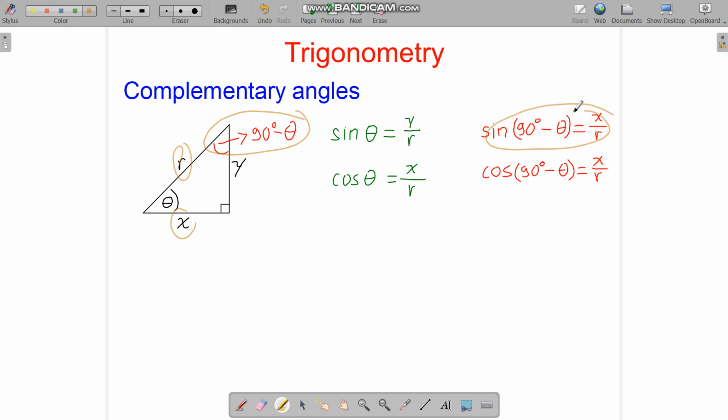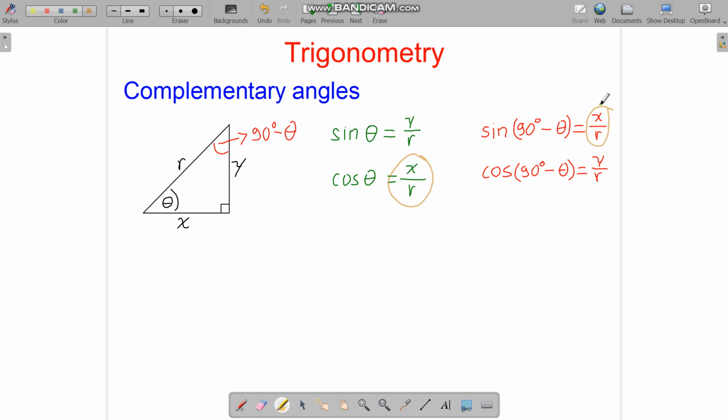And the cos would be adjacent over hypotenuse, that's y over r. Now if we just look at this x over r, this is also x over r.